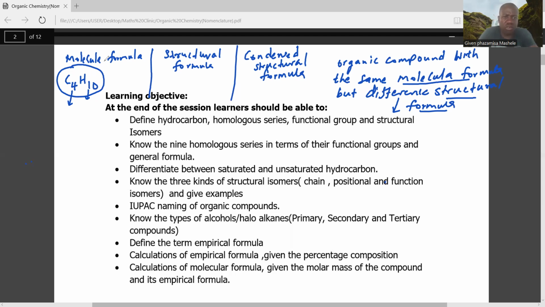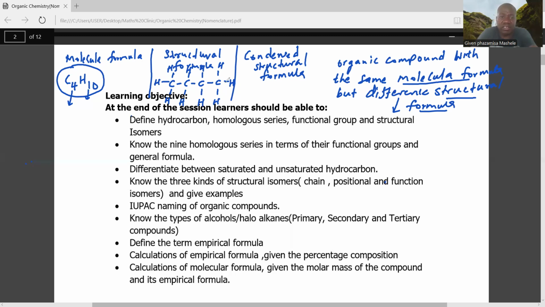But in a structural formula, we show the atoms and also the bonds attached to each atom. So in a structural formula, we show even the bonds attached to each carbon atom.